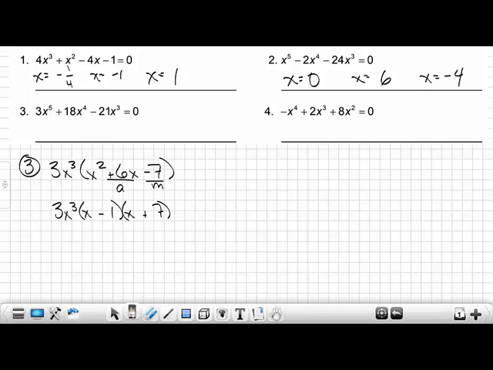So this one's actually going to end up being the shortest one. Set each one equal to 0. Okay, so the first one, 0. Notice when there's not plussing or adding or subtracting anything, it's just going to get that 0 every time.